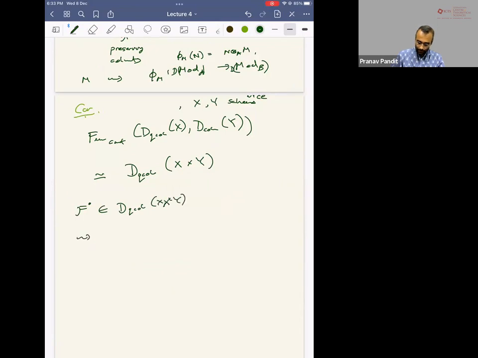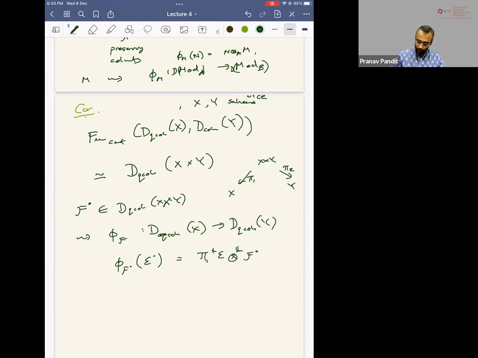You get this functor phi sub F from D quasi-coherent of X to D quasi-coherent of Y, which is defined by phi sub F of some complex of sheaves E is pi 2 lower star of pi 1 upper star of E, where pi 1 is the projection from X cross Y to X, and pi 2 is the projection from X cross Y to Y. So for pi 1 upper star of E, you take the derived tensor product with F, and then you push forward along pi 2.